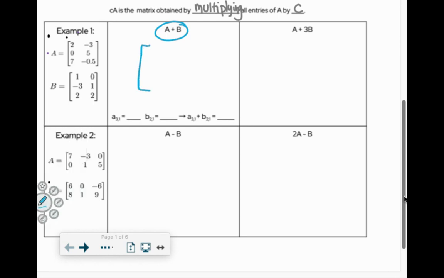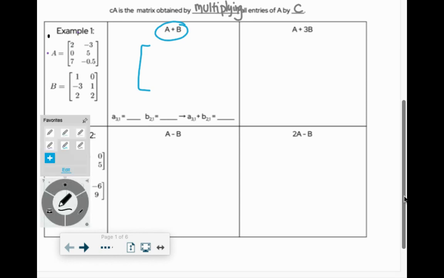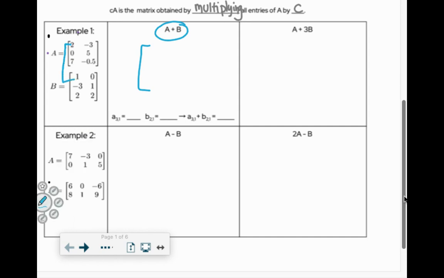What I'm going to do is add the top left entries together. So the 2 and the 1 are in the same spot. We're adding those together to get 3. Then the 0 and the -3 are in the same spot, so we're adding those together. 0 plus -3 is -3. And then lastly, 7 plus 2 is 9.